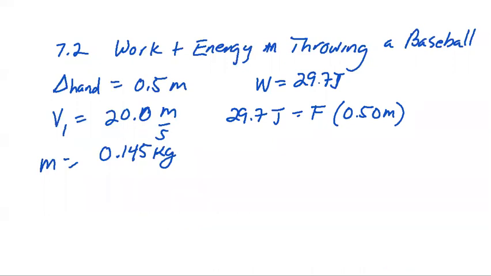Okay, now I want to know how fast it's going when it is 15 meters above the point where it left my hand. So I'm going to use my energy considerations. K1 plus U1 equals K2 plus U2. So I know this from here is 29.7 joules.